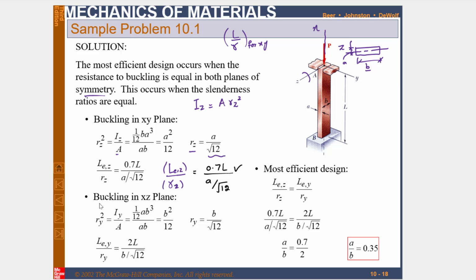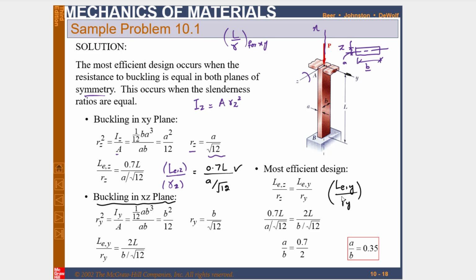Now we will move toward buckling in the xz plane. For that we will also find LEy, because in the xz plane you have to find the moment of inertia about the y-axis. So you have to find LEy divided by Ry.